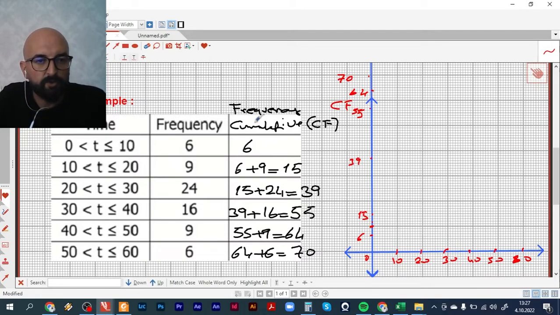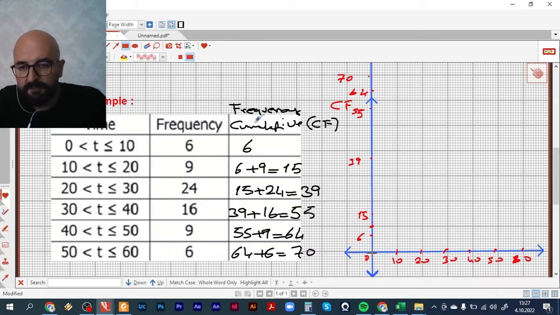And I want to draw the columns. The first column between 0 and 10 and 6. The second column between 10 and 20 and value 15.